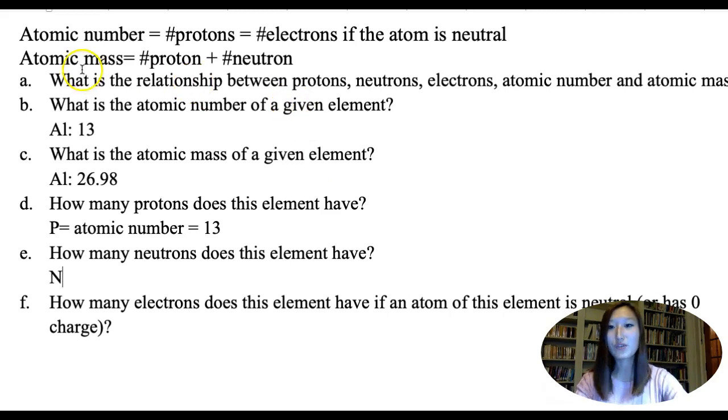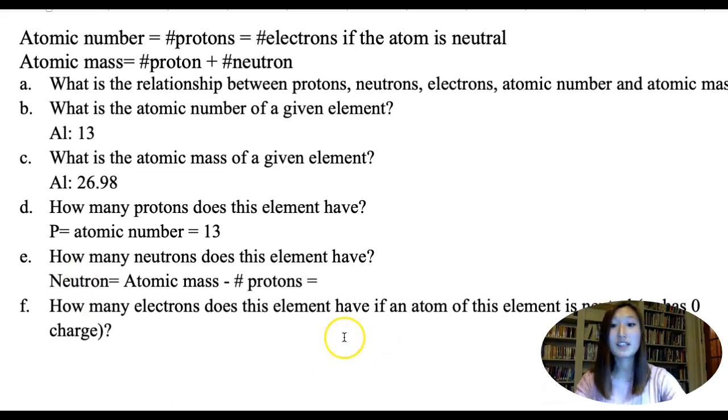How many neutrons does this element have? When you add proton and neutron number together, you get atomic mass. So to calculate the number of neutrons, you would use this equation: atomic mass minus number of protons. But here's the problem: the atomic mass has a decimal. Clearly we can't have 0.98 neutrons.